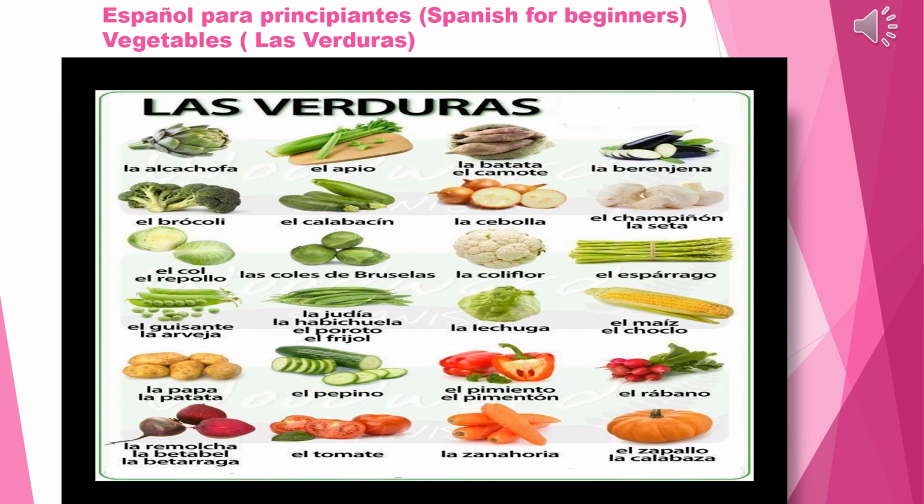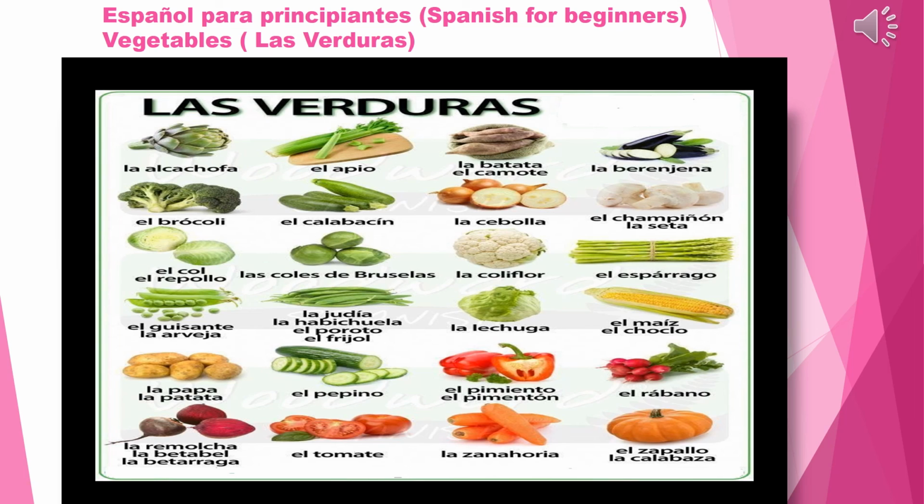El champiñón, mushrooms, yeah, you might see them, but yeah, eggplants, I see some people using them in Africa, in Kenya.